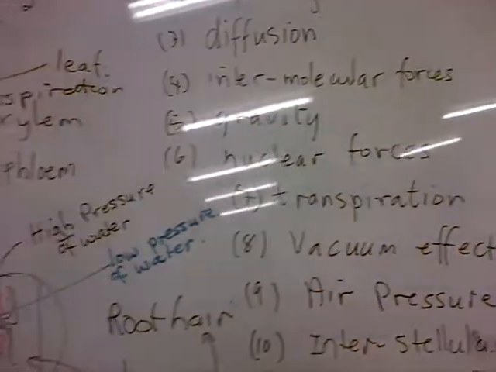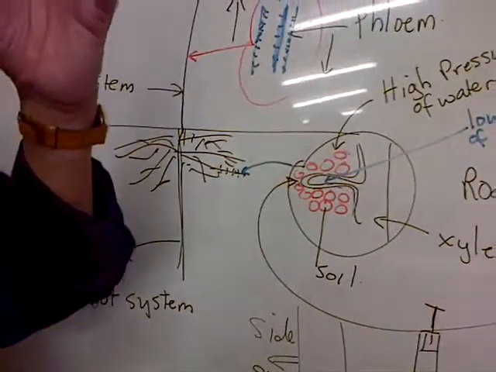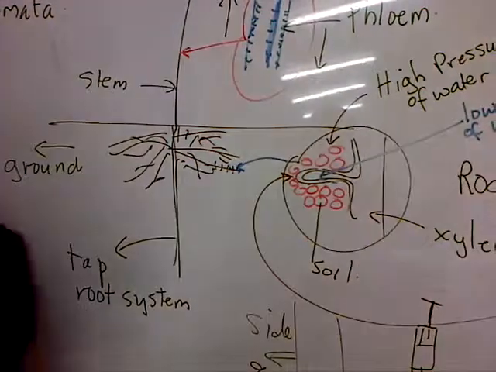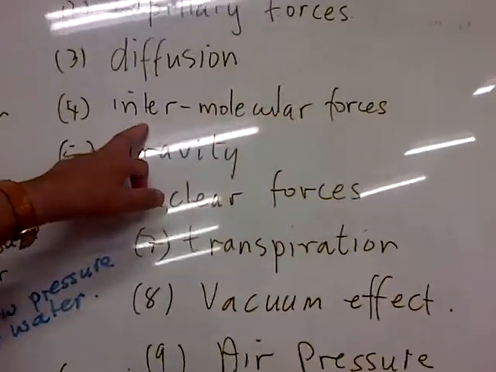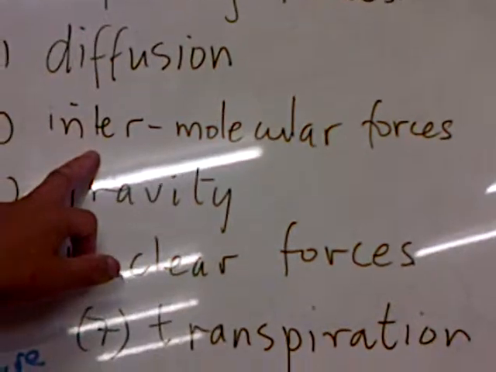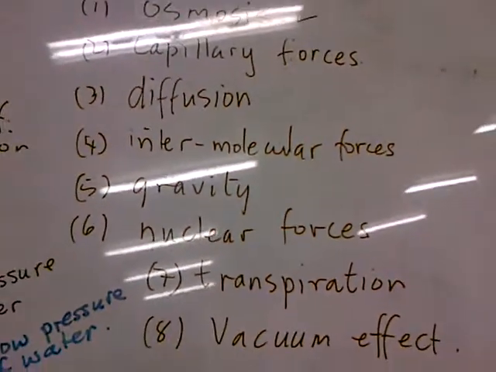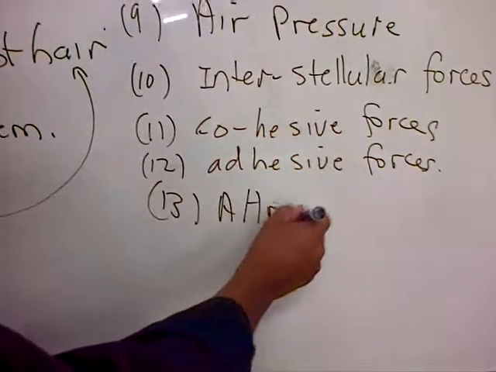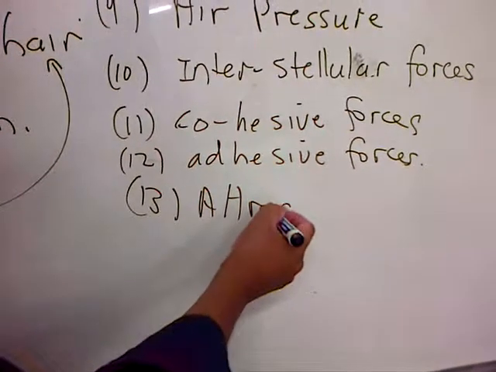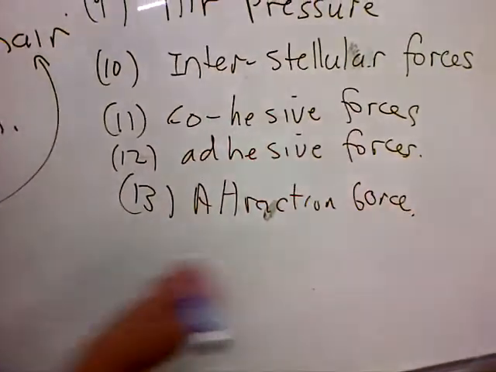If you have the water molecules and the mineral salts and the carbon dioxide mixing together to make your carbohydrates, it can only happen because of intermolecular forces, when molecules start connecting with each other. They can connect with each other because they have attraction forces between each other. So you can also talk about attraction forces. I'm going more than what I normally do.